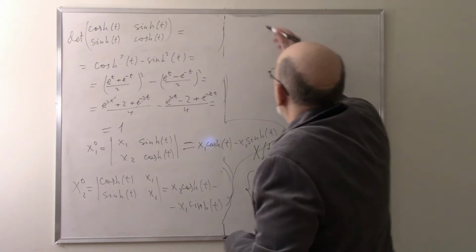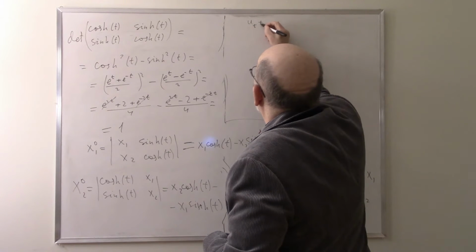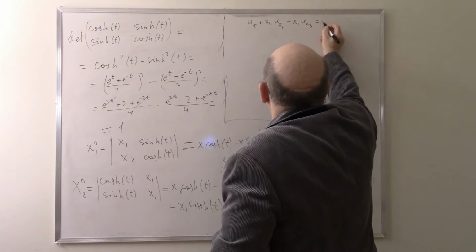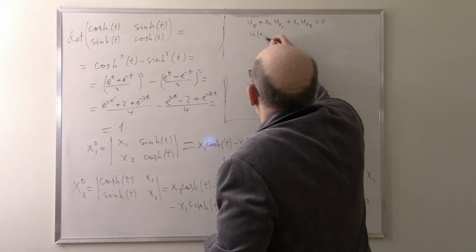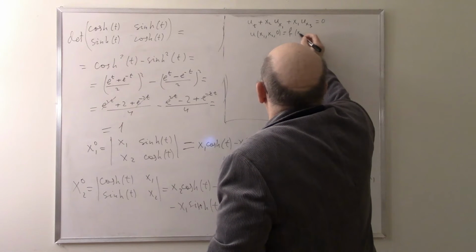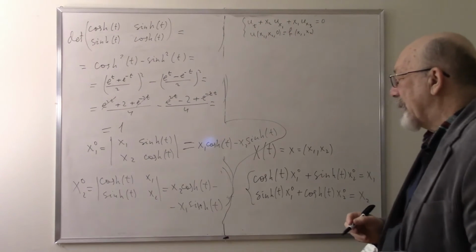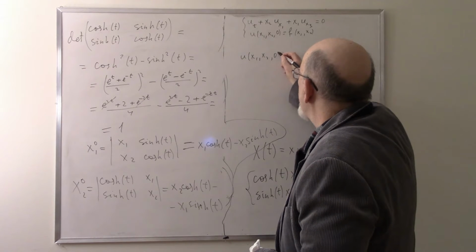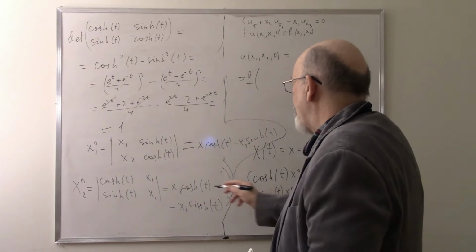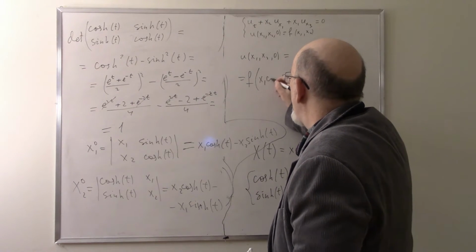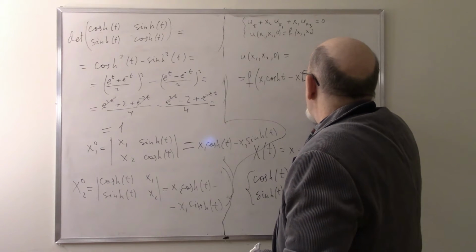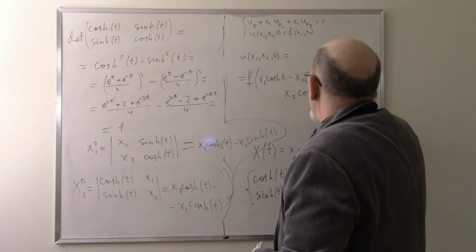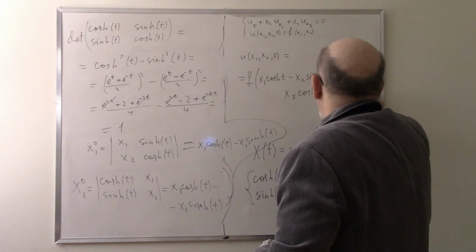So our problem is u t plus x2 u x1 plus x1 u x2 equals 0, u of x1, x2, 0 equals f of x1, x2, and the solution is u of x1, x2, t equals f of x1 cosine hyperbolic t minus x2 sine hyperbolic t, x2 cosine hyperbolic t minus x1 sine hyperbolic t.